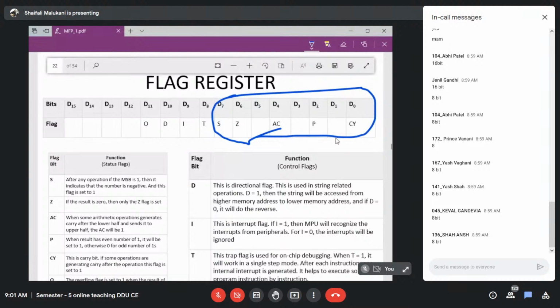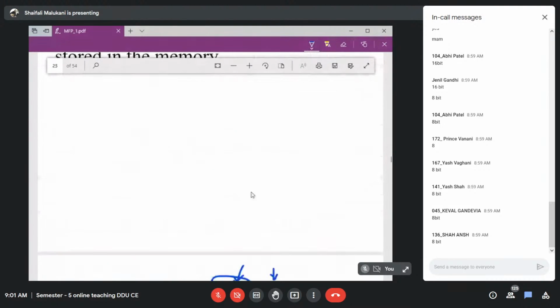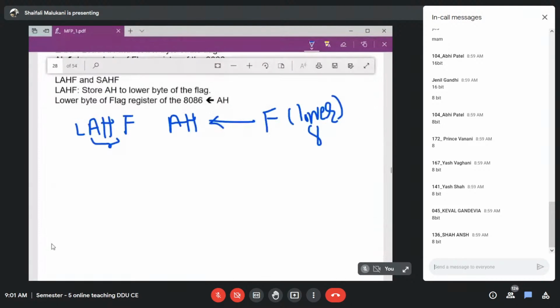For that you have to know the status of this bit. Yes or no? You have to know the status of this bit. To access this bit particularly, we will take that example in a few minutes. I want to check the status of a particular flag. So first of all, I have to extract this from the flag register, and I am going to use this instruction.